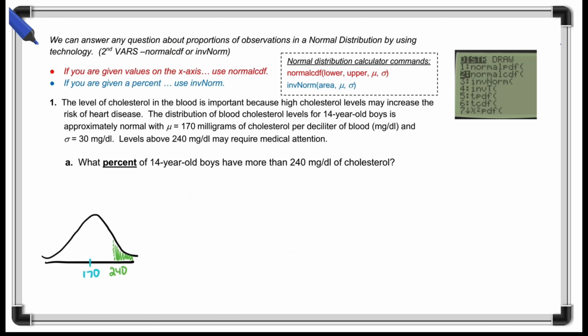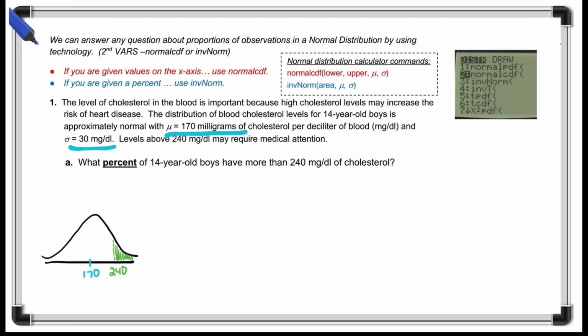So we're going to look at this question. It is about the level of cholesterol in the blood. You are given information about 14-year-old boys, with a mean of 170 milligrams and a standard deviation of 30. You will use 2 different calculator commands based on what you are given.